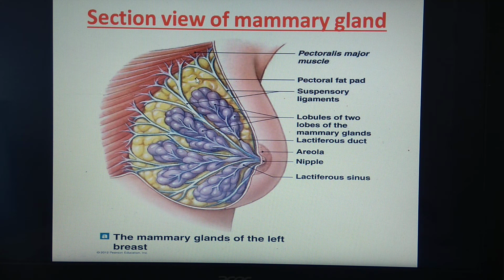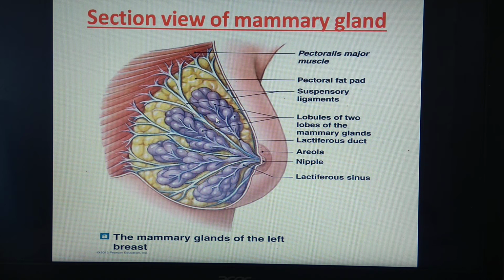Secondly, it consists of many lactiferous ducts. You can see here, these are the lactiferous ducts. All the purple color are the lactiferous ducts. Then it consists of glandular tissue. Which are the glandular tissue? These purple colored lobe-like structures. They become the glandular structure. What are these glandular structures? They consist of lobes which are also called alveoli.